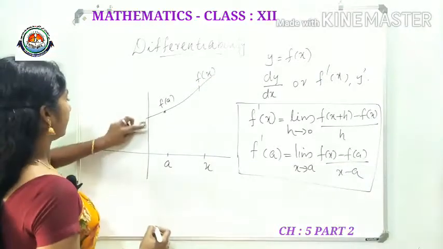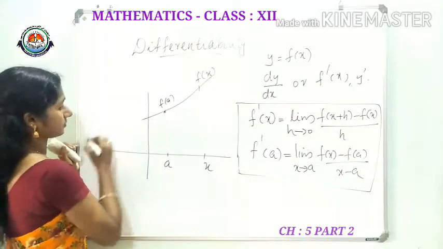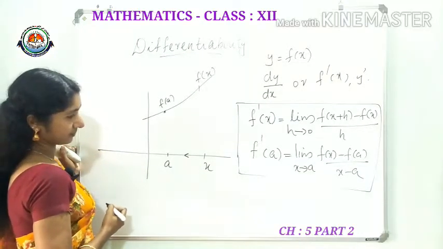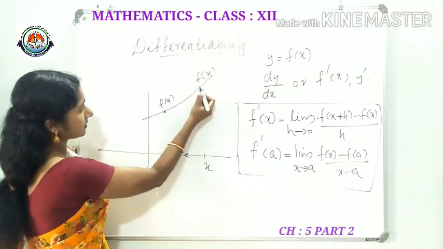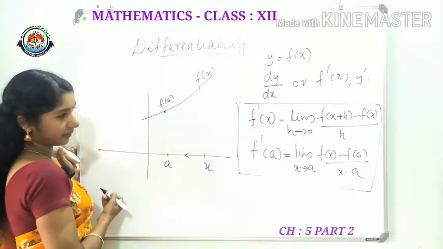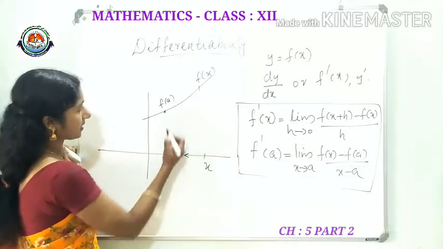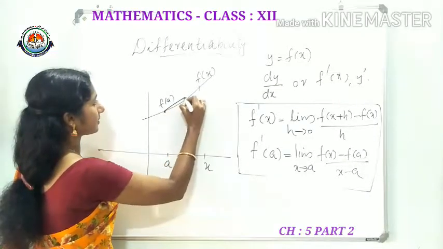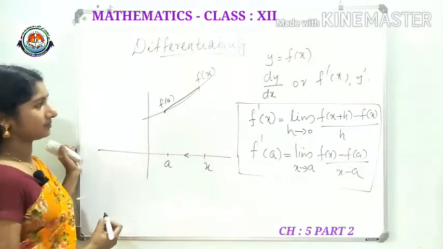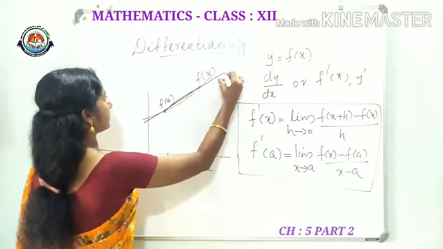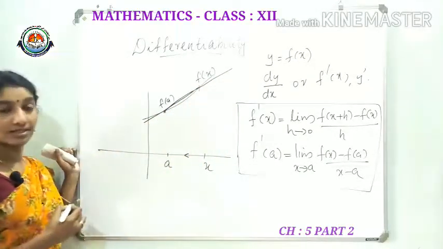Okay. Then when x tends to a, f of x tends to f of a. So, what will come? f of x minus f of a by x minus a. See this line means the secant of this line, isn't it?